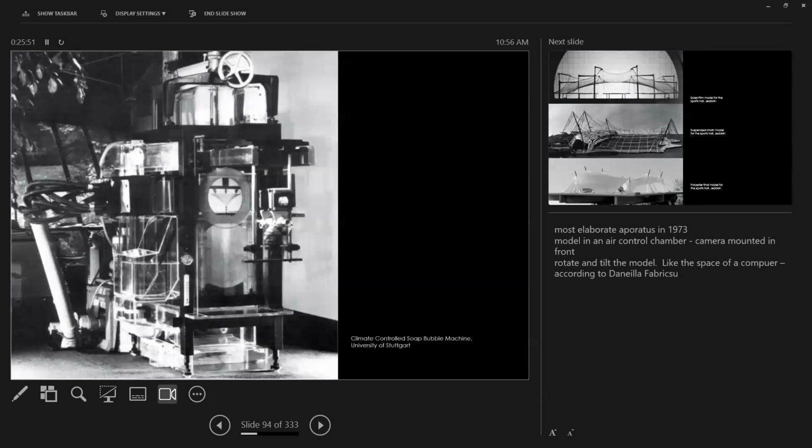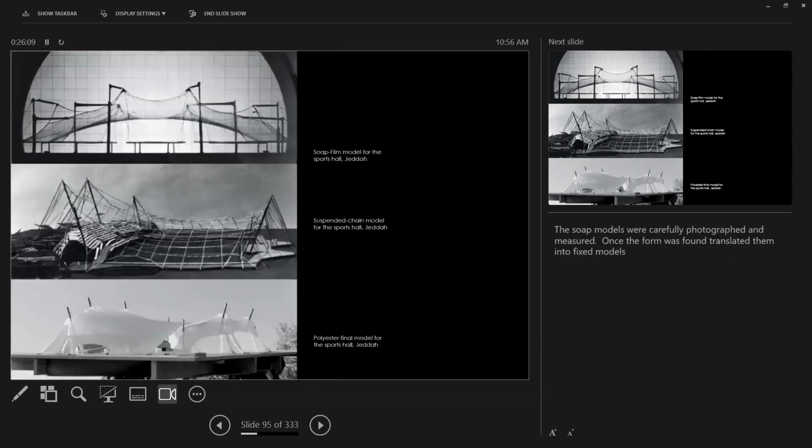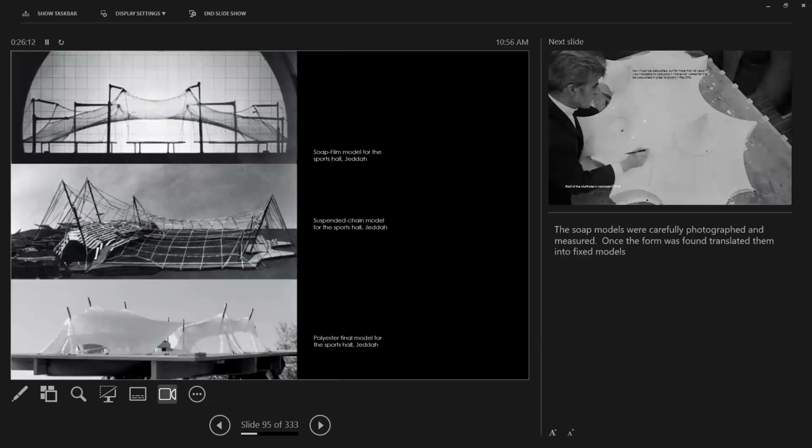This was the final one in 1973, the machine for photographing soap bubbles. It has a camera, and it has an airtight chamber, and it's drilled into the floor, and it's chemically composed, and you can rotate the model in there. And this is how they would photograph them. So they would follow a process like this, where they would have this soap bubble model in a gridded universe, sort of like Daniela says, sort of like the interior of a computer.